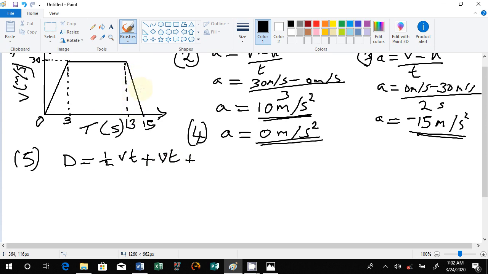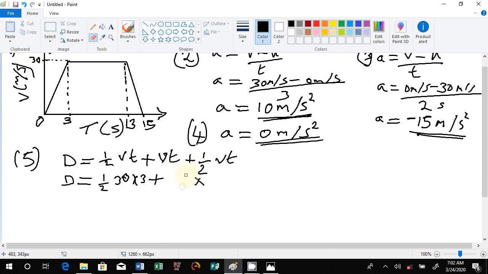the area of this shape is also half VT. Then let's replace the figures. We are saying the distance is equal to half, the velocity is 30 for this part, multiplied by the time, which is 3 seconds, plus 30 velocity. Okay, I said 30 and wrote 40 in my head.